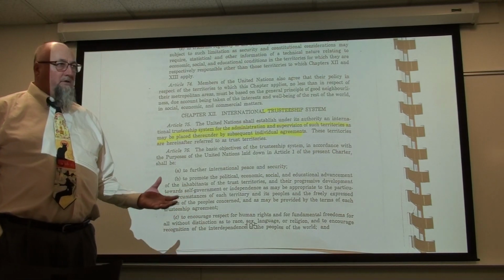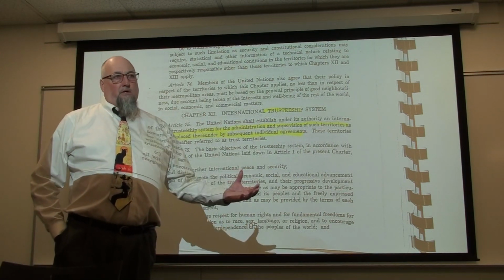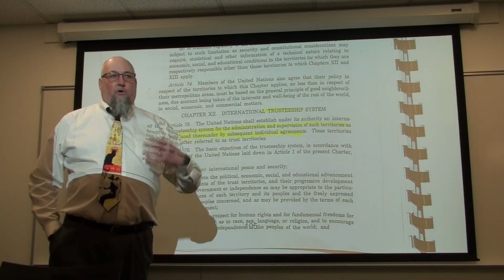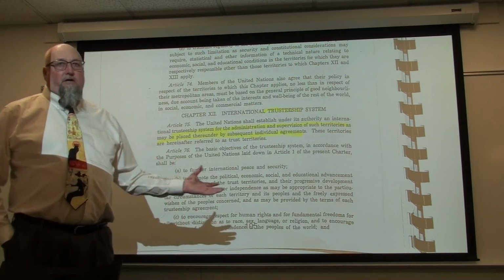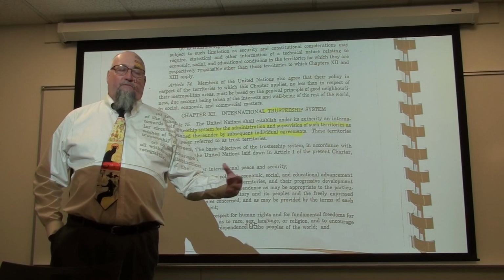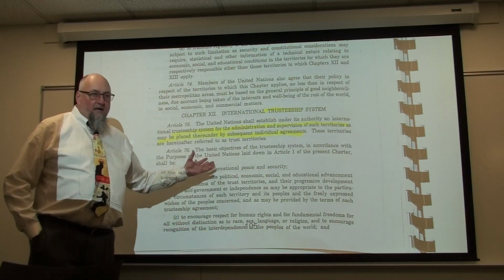So the idea was to create a trusteeship system to allow the UN to engage in a form of governance within those areas. It now really is no longer functioning. If it ever will function again is not really known. But that was the idea behind that.